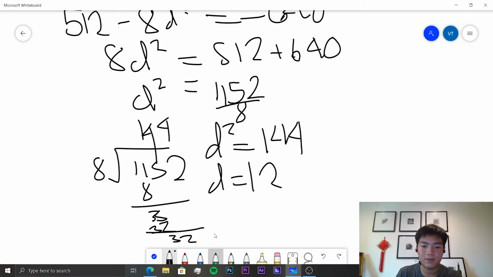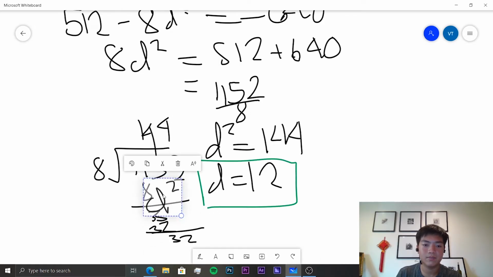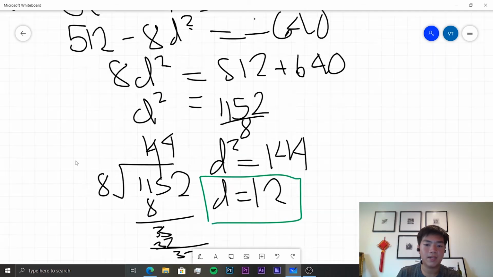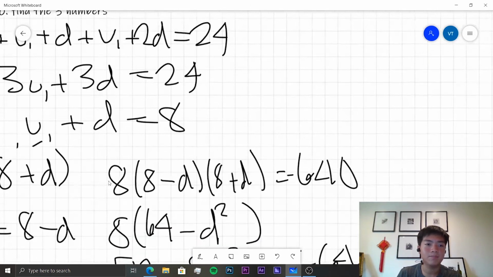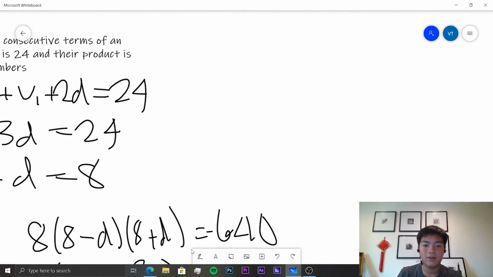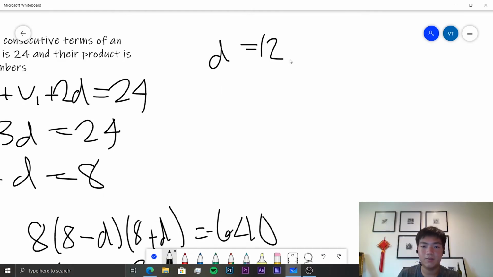So the common difference in this series is 12. Let's go all the way back up. We now know that the common difference d is equal to 12, and we know that the second term was 8. So u1 plus d is equal to 8.